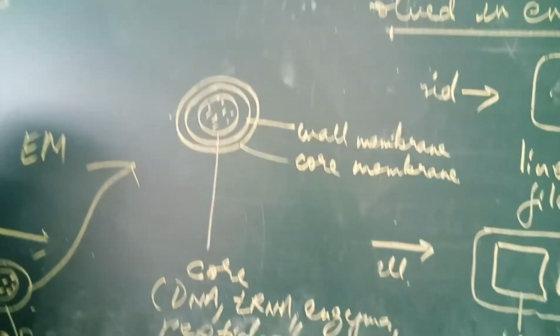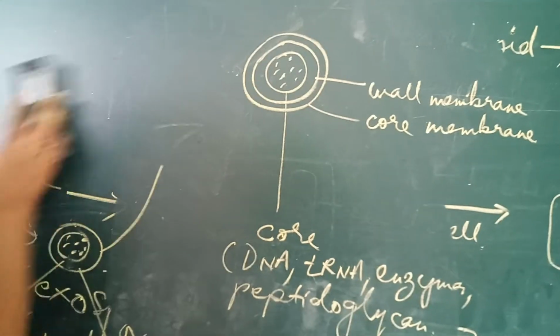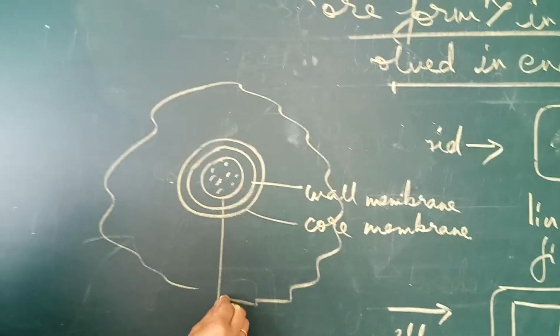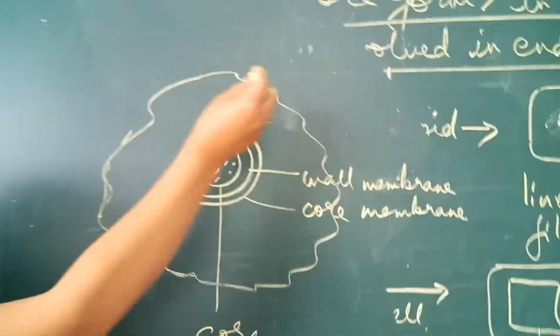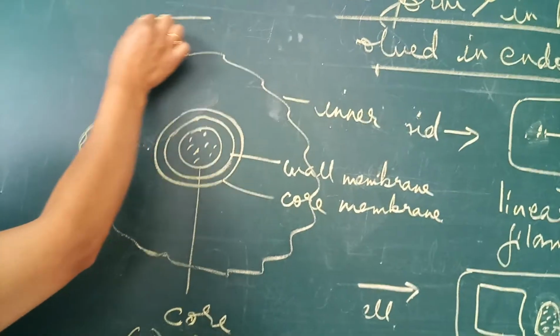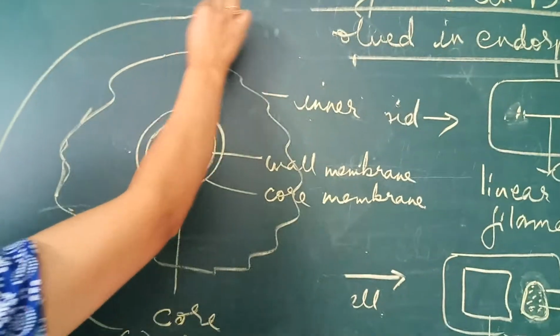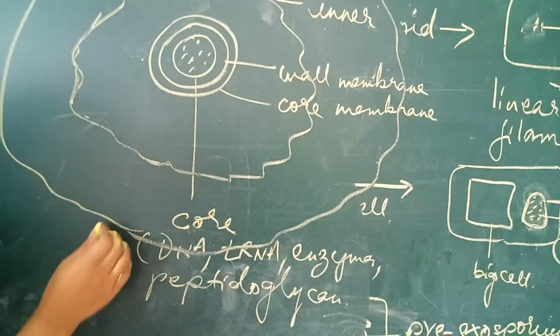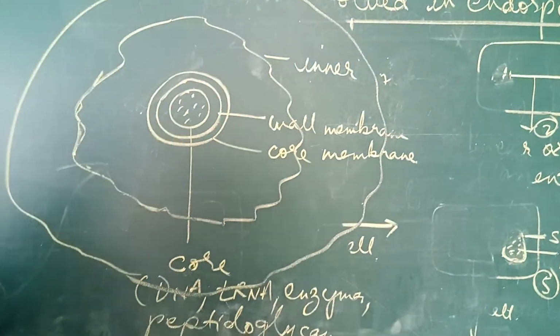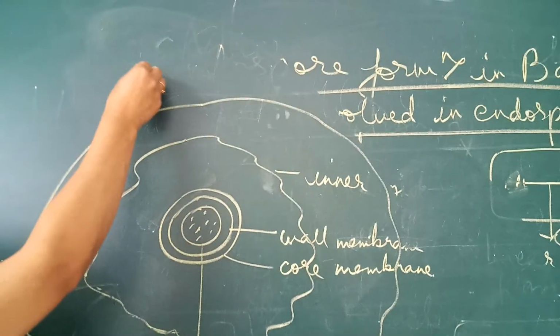Alright, then it has additional coats. This is called the inner coat. Okay, then it has another coat. Alright, this is called the outer coat.